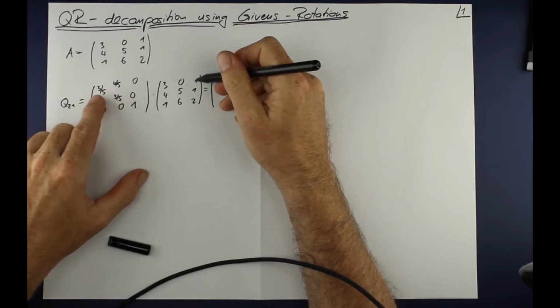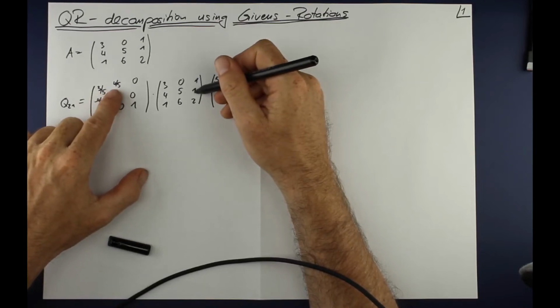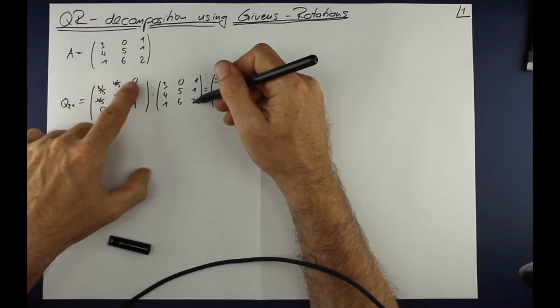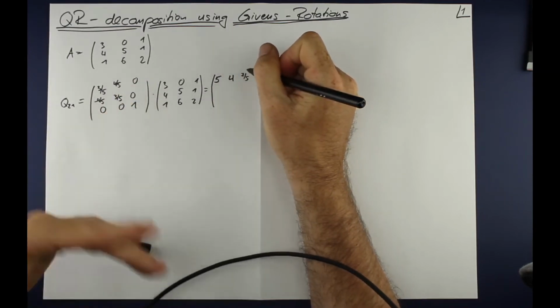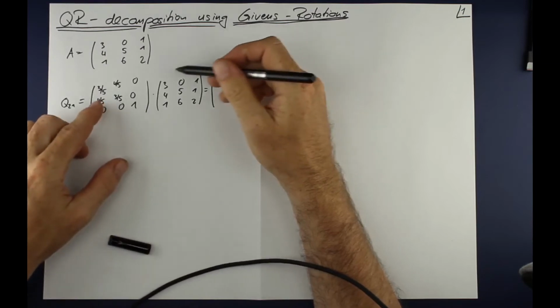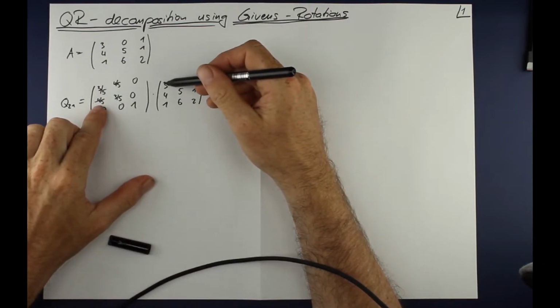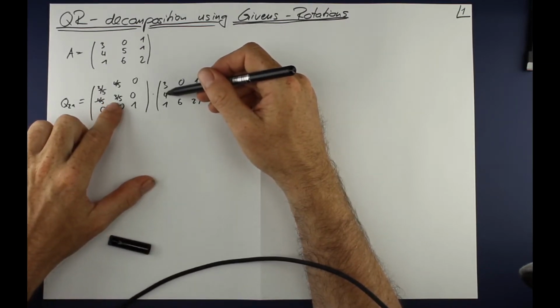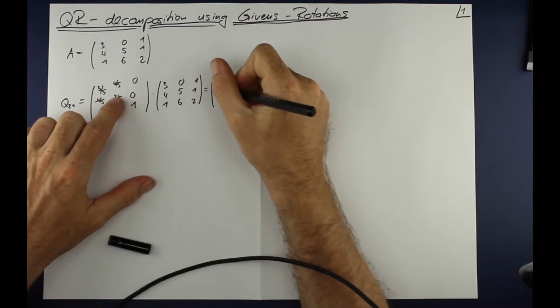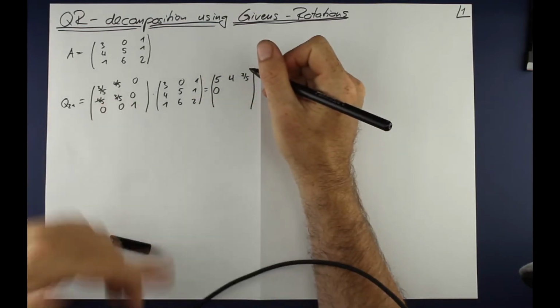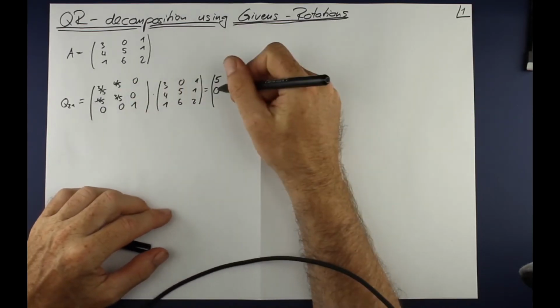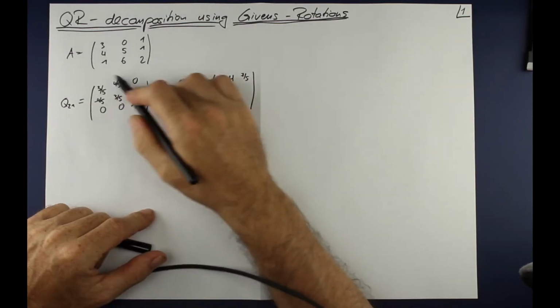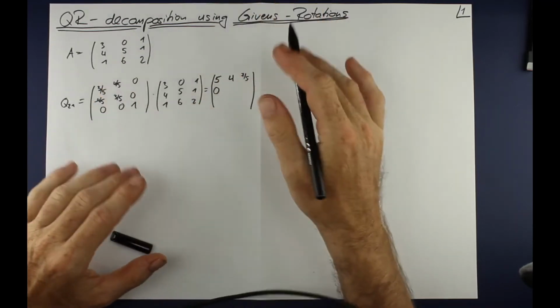And here 3 divided by 5 plus 4 divided by 5 plus 0, it's 7 divided by 5, 1.4. And now the interesting entry, minus 12 divided by 5 plus 12 divided by 5 plus 0. This is the desired 0, and that was the reason why we built that matrix. We wanted to get a 0, and using the numbers we did here, this 0 is guaranteed.